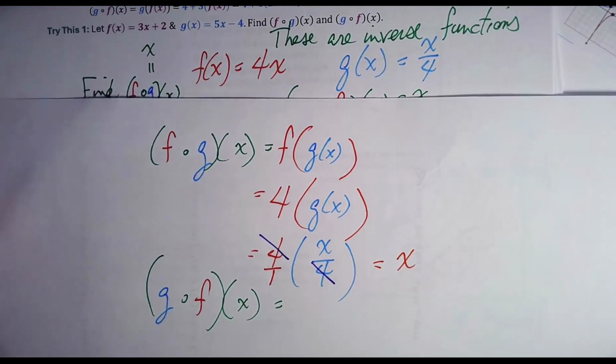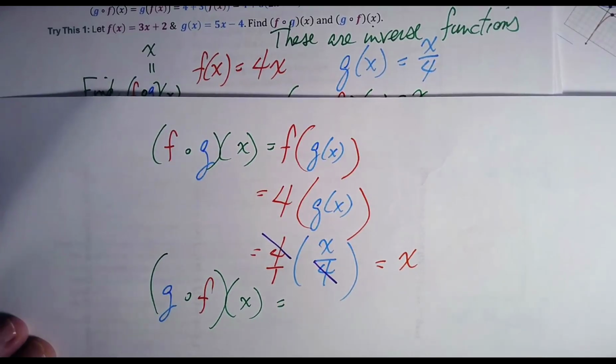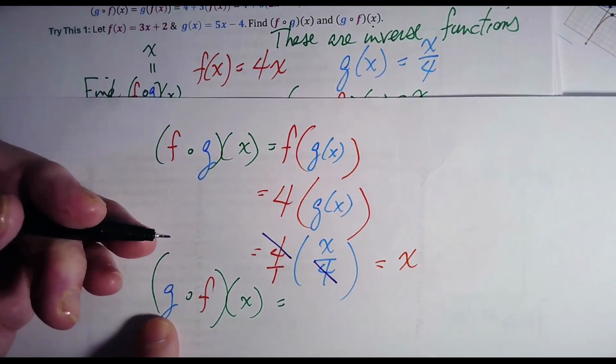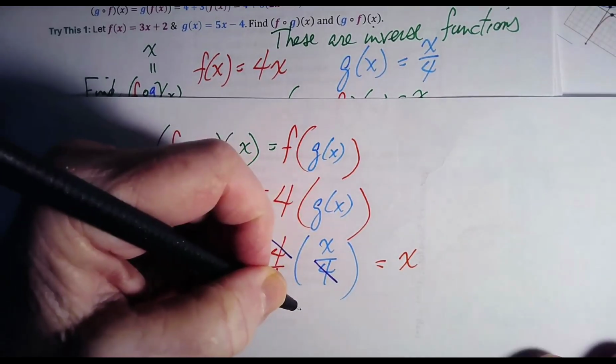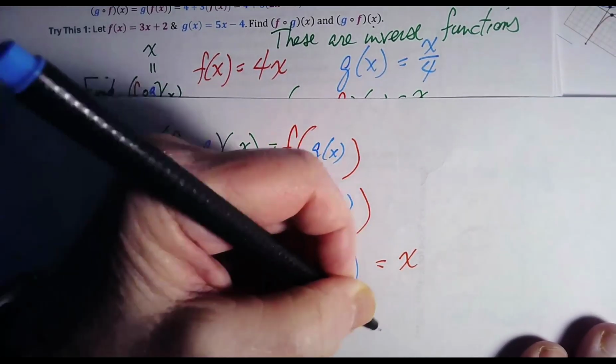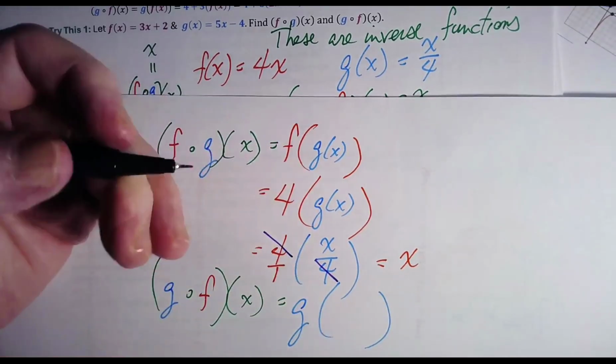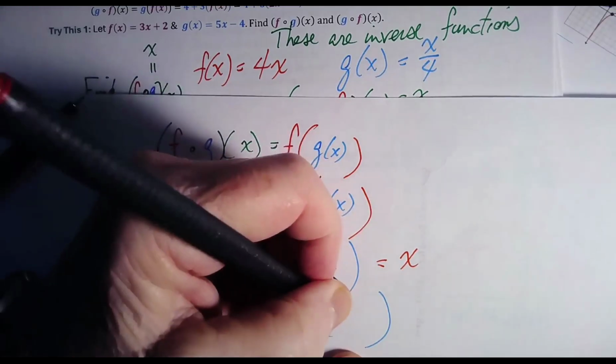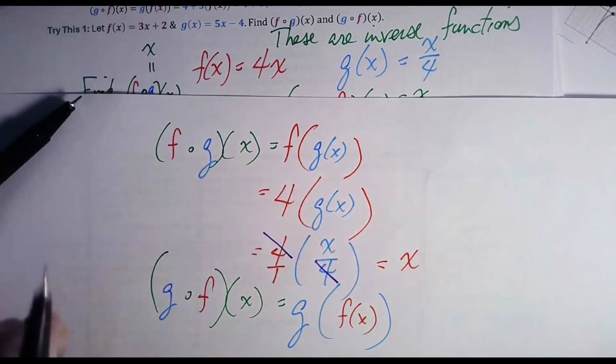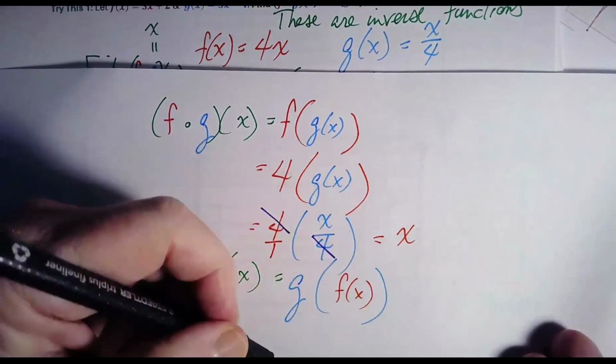Which one goes on the outside? X over 4. Well, yes, but that's g. Yes, you're right. I just want to take it one step at a time, though. f goes on the inside. And now let's do what y'all said.